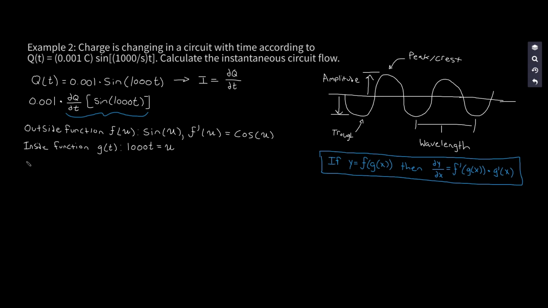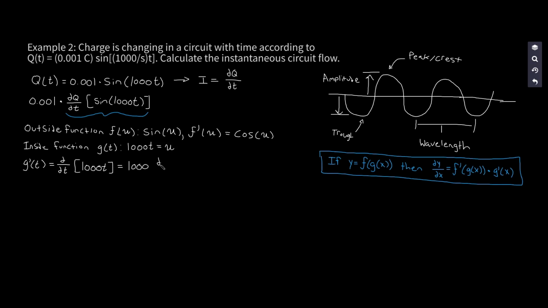So I'm going to bring this back over here. What's g prime of t? Well, we want the derivative with respect to t of 1000 times t. I'm going to right away factor out that 1000 because it's a constant.